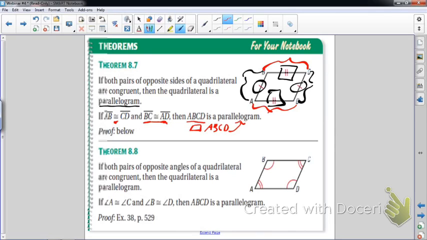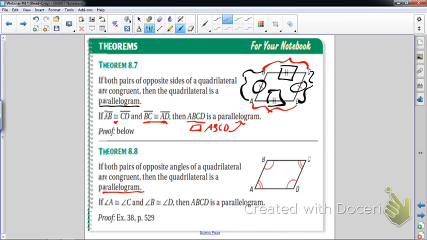In addition to that, if I want to call something a parallelogram, I could also say the following: if both pairs of opposite angles of a quadrilateral are congruent, then the quadrilateral is a parallelogram, which is what we wanted to state from the beginning.